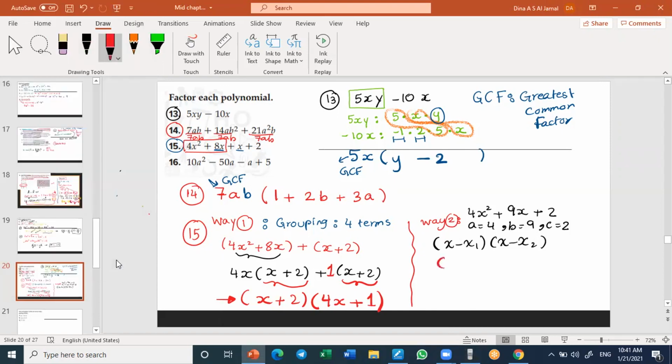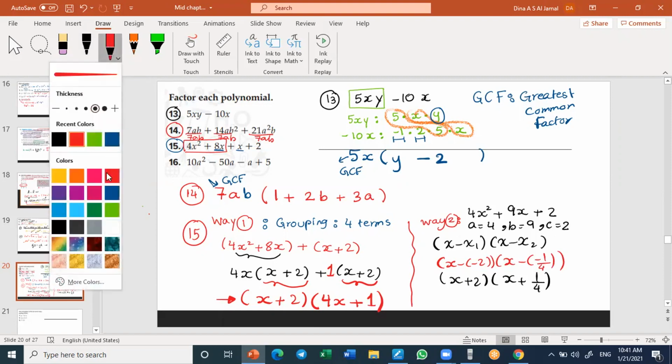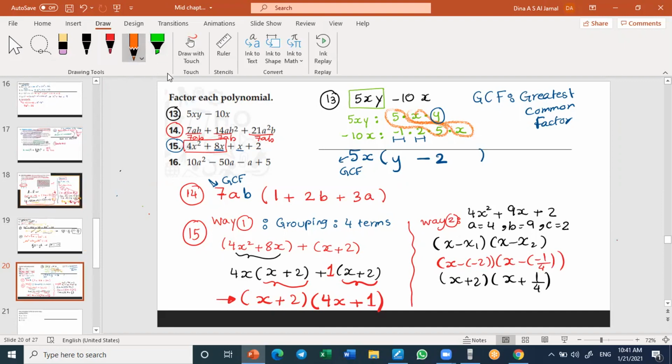That means x minus minus 2, x minus minus 1 over 4. So you just need to change the sign, x plus 2, and here it is x plus 1 over 4. Again, as we did in the previous question, whenever you are having in the denominator a number here, I don't want it.